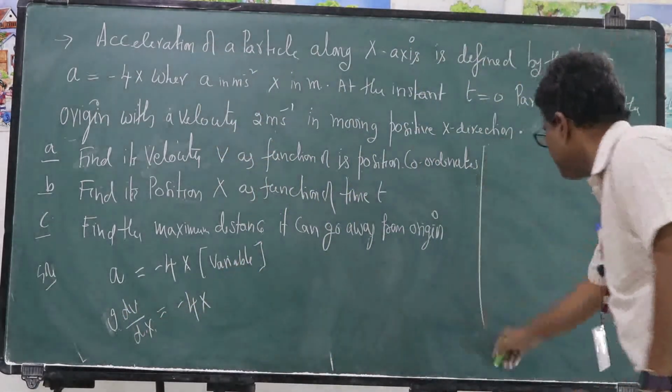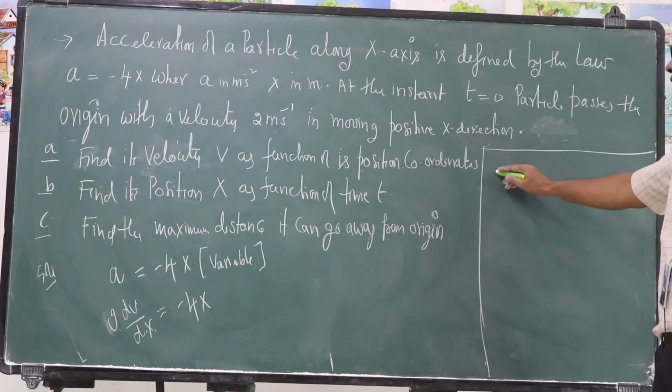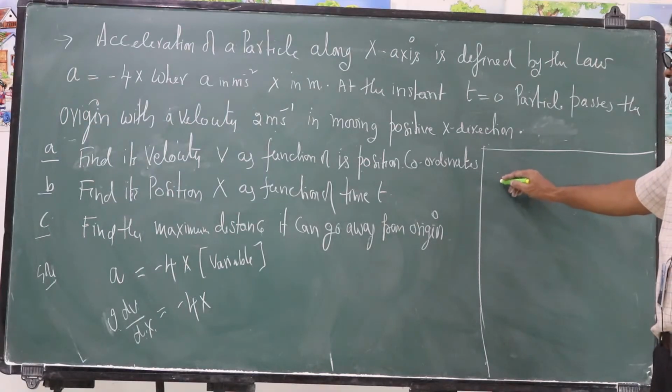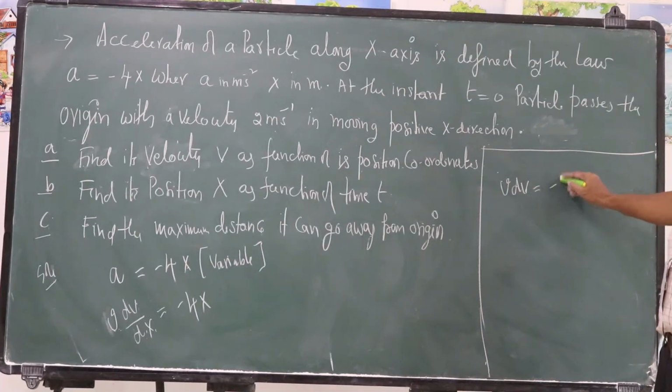Next, cross multiplying, v dv is equal to minus 4x dx. So this is the integral form.